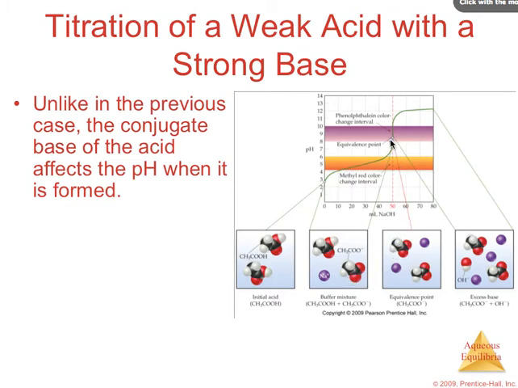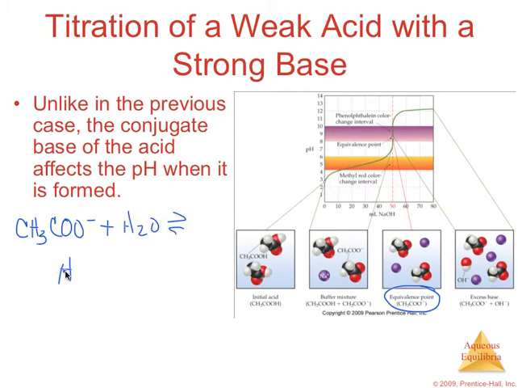At the equivalence point, I have the anion of the weak acid, okay, and it causes that pH to be slightly higher than 7. Because remember, if I've got this salt, this CH3COO-, that anion, with water, it is going to set up the equilibrium with the weak acid.